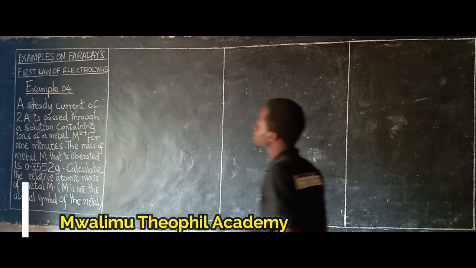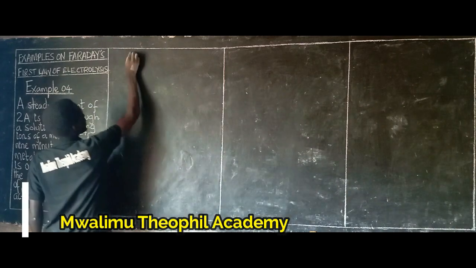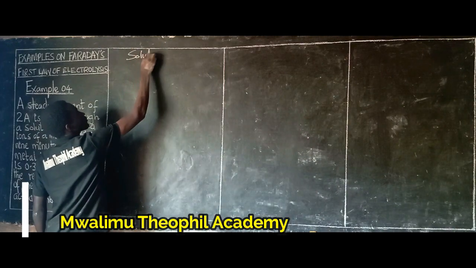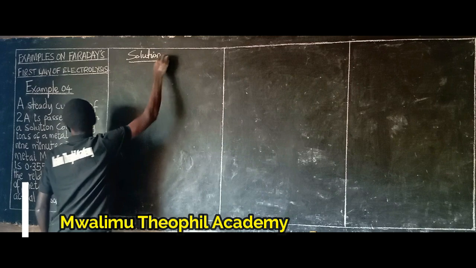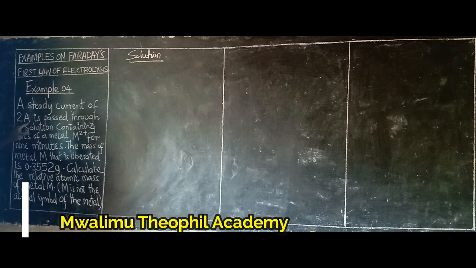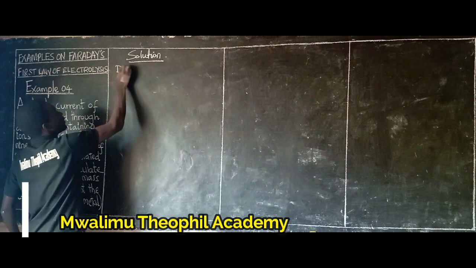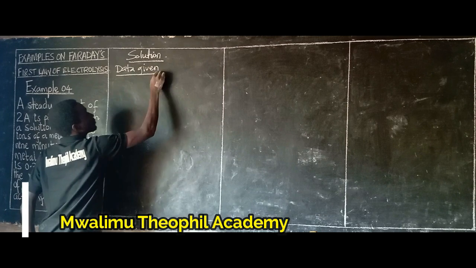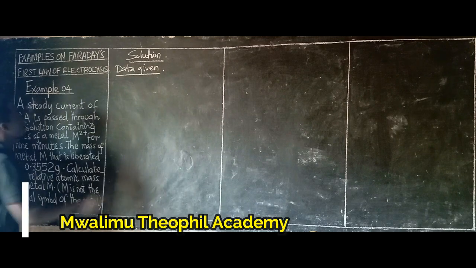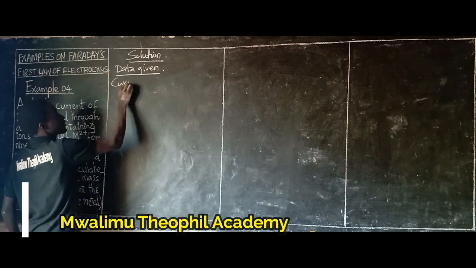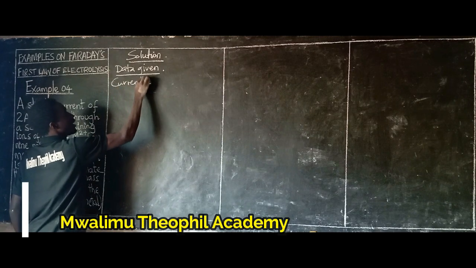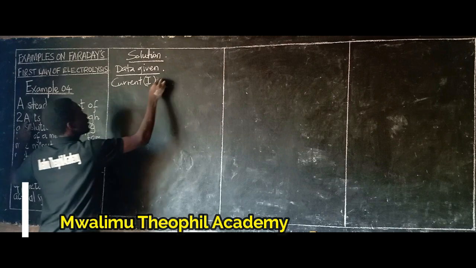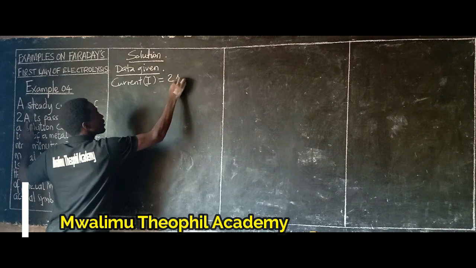Okay, let us start. Let us write the solution here. Let us analyze the data given. We are given electric current I. The electric current I is equal to 2 ampere.